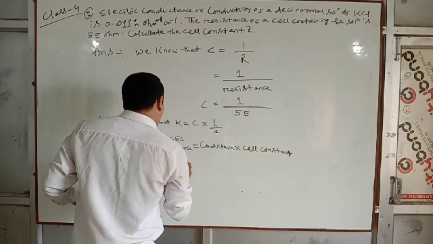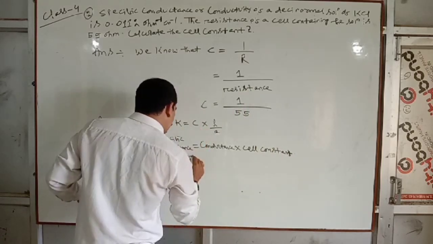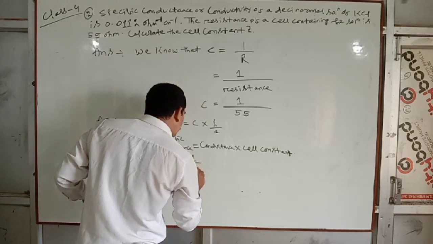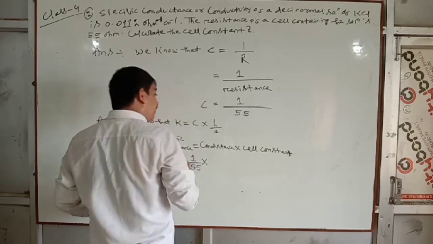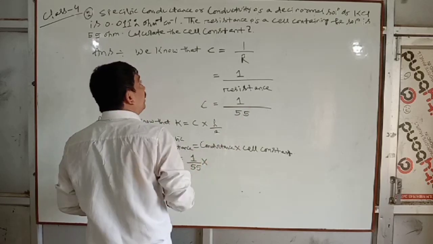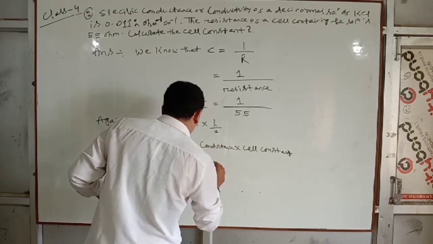So kappa equal to 1 by 55 into cell constant L by A. We have to calculate this.